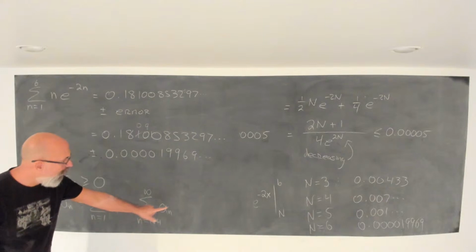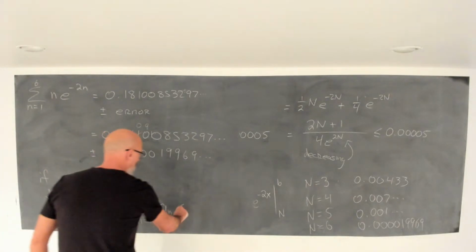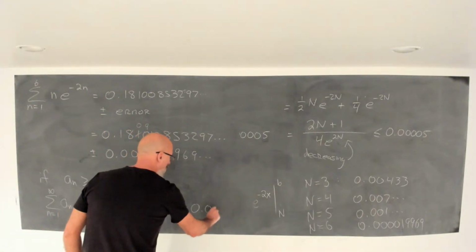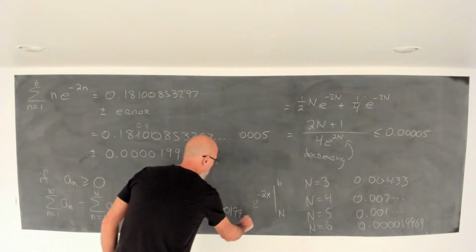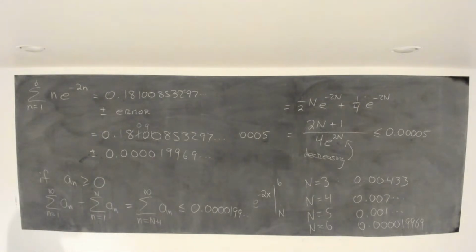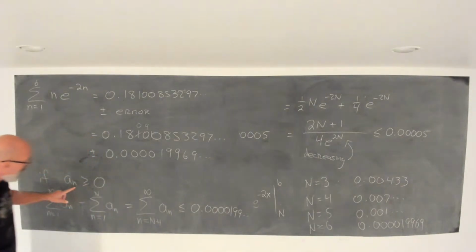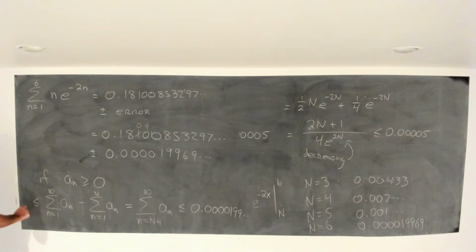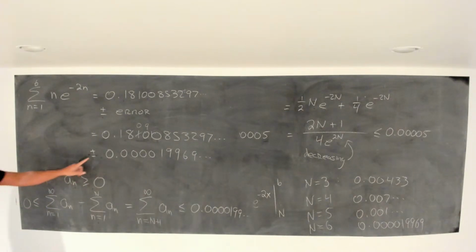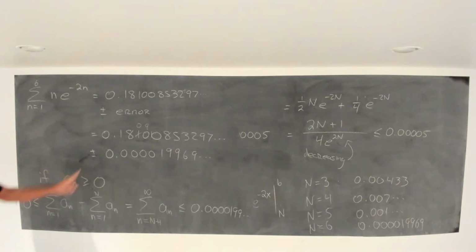Now we have made this less than or equal to 0.0000199. But here you're adding stuff that's positive. So this is always going to be bigger than or equal to 0. So you're never actually going to subtract anything. It's always going to be positive.